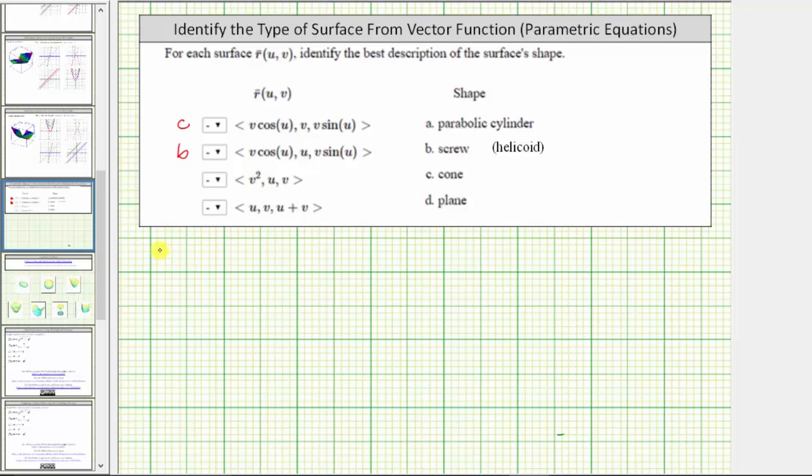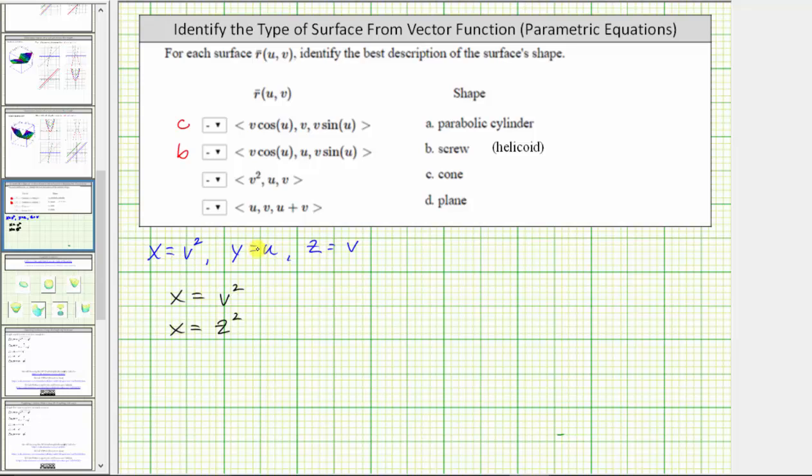For the third vector function, we have x equals v squared, y equals u, and z equals v. Looking at the parametric equations, because x is equal to v squared and z is equal to v, we can substitute z for v, giving us the equation in Cartesian coordinates x equals z squared.